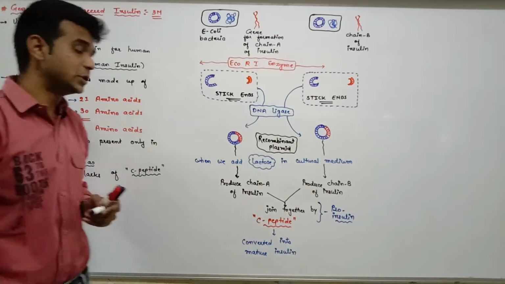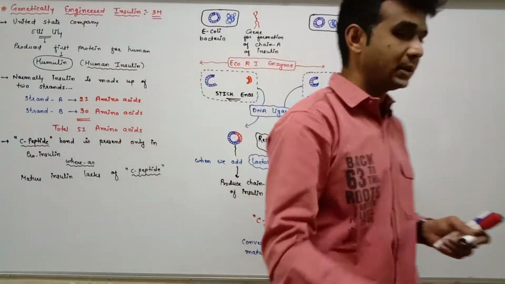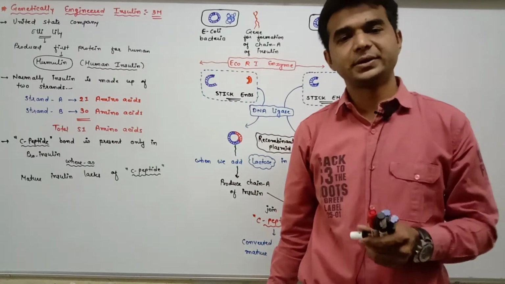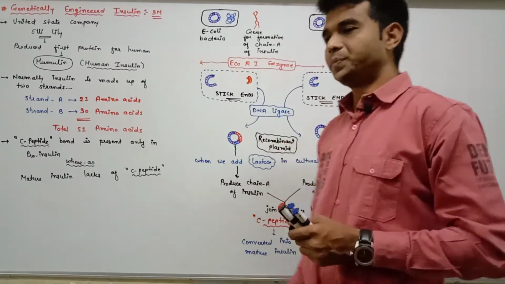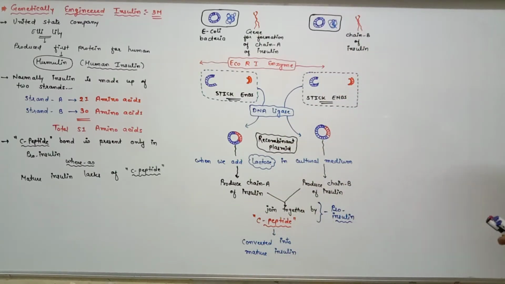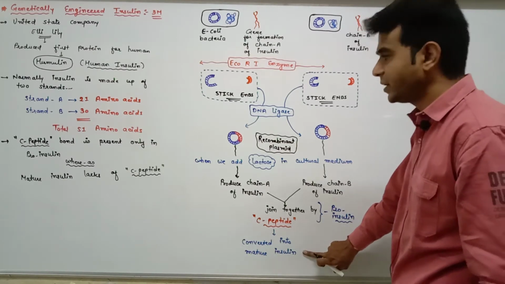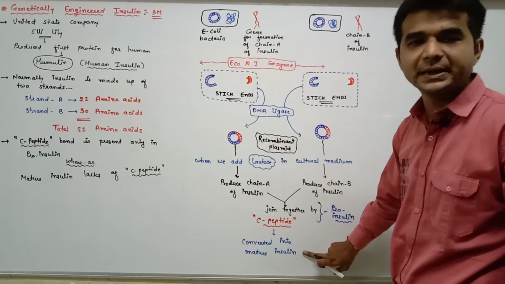See in the textbook that one strand is there and the C peptide is attached to it. So proinsulin consists of C peptide, but proinsulin is modified and converted into mature insulin, and this mature insulin can now be used for the treatment of diabetes.